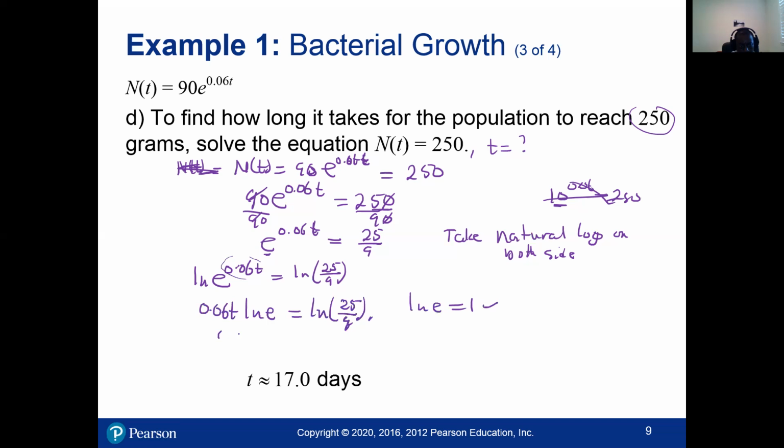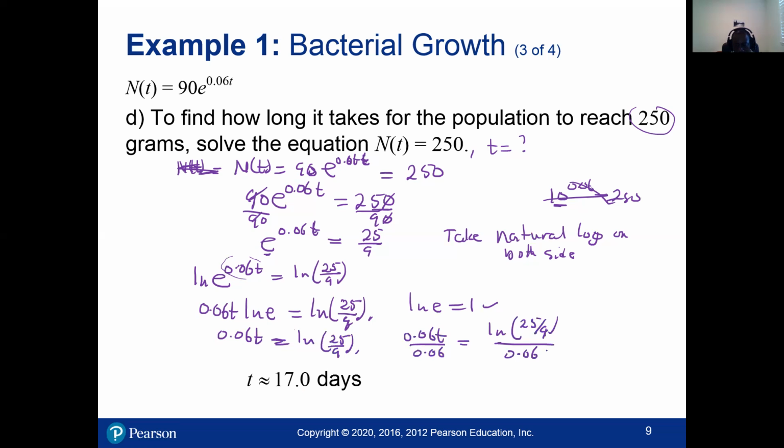Therefore, we have 0.06 t equal to the natural log of 25 over 9. Then we divide both sides by 0.06, so t is equal to the natural log of 25 over 9, divided by 0.06.